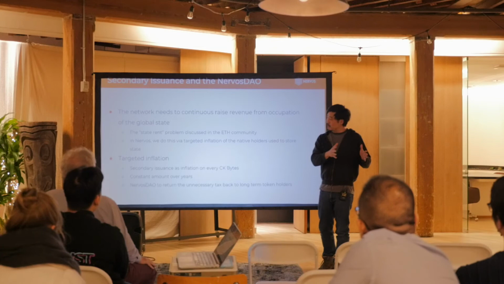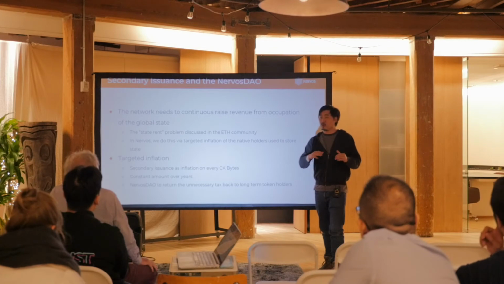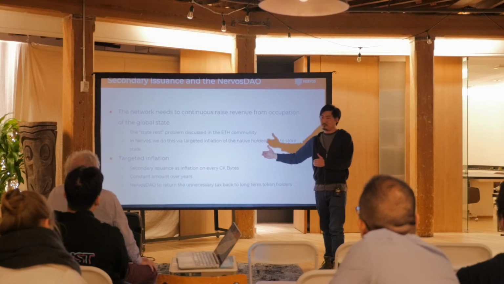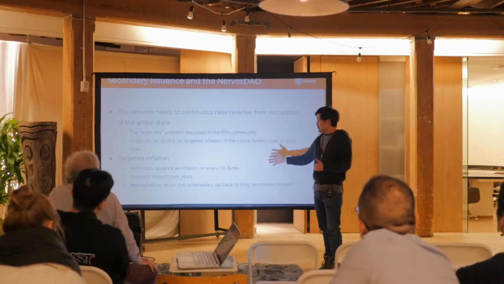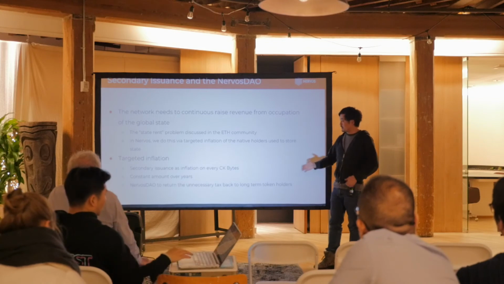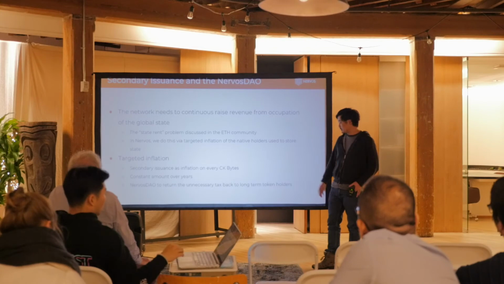So we collect some value from the people that are using their capacity to store data, but we've also collected unnecessary tax from people that are not using their tokens to store data, right? So what we do is we have a contract called Nervos DAO, and this is where we return the unnecessary state tax, if you will, back to the long-term token holders.